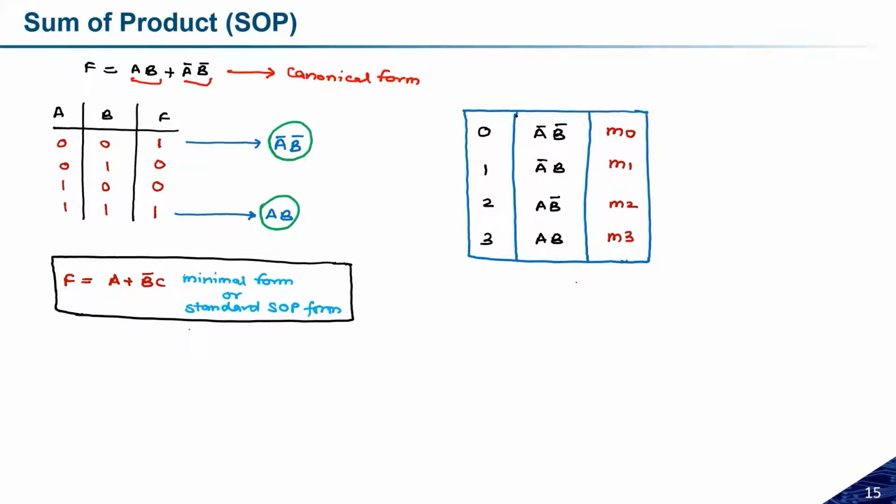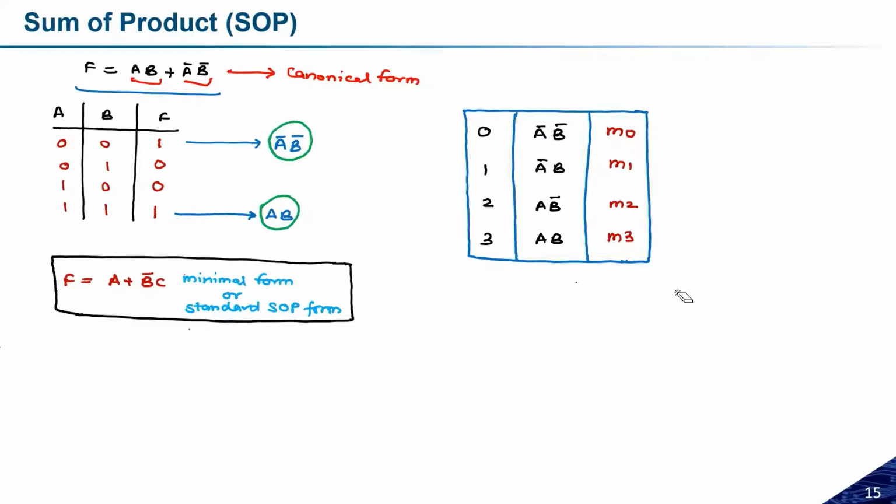This is also important. Suppose you see here, this function is nothing but AB plus A bar, B bar. So here we have 2 min terms present, min term 0 and min term 3. If you compare this table with the truth table, you can see min term 0 and min term 3 are present. But how to represent these things?